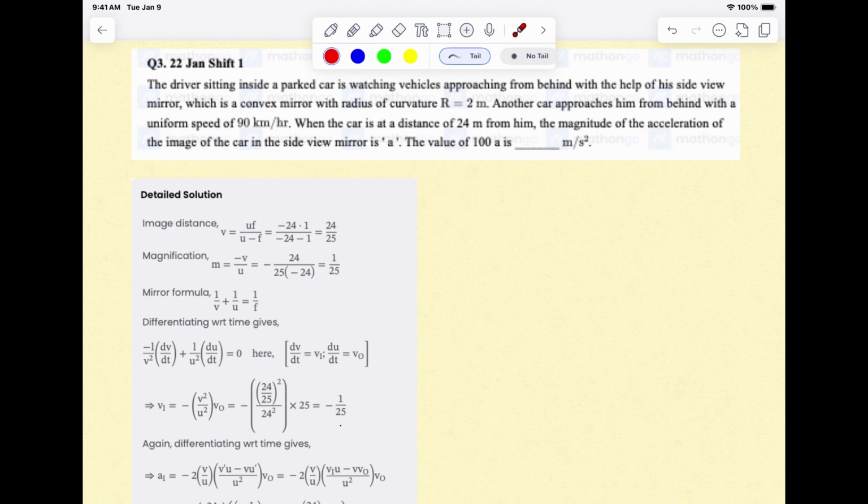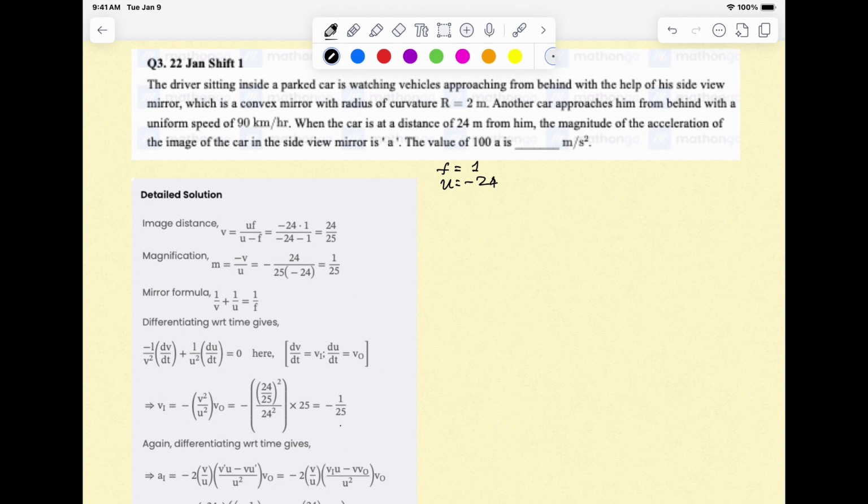Therefore, let me write down the data which is given. First, focal length we can take as 1. I am dropping the units because it is all SI units.